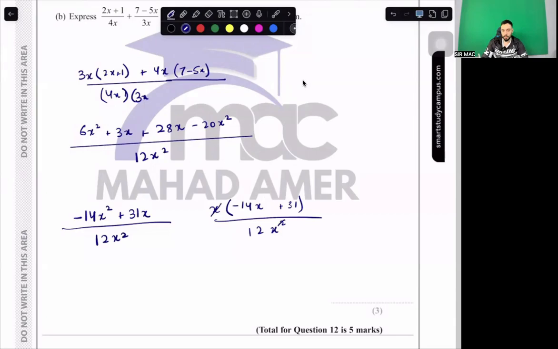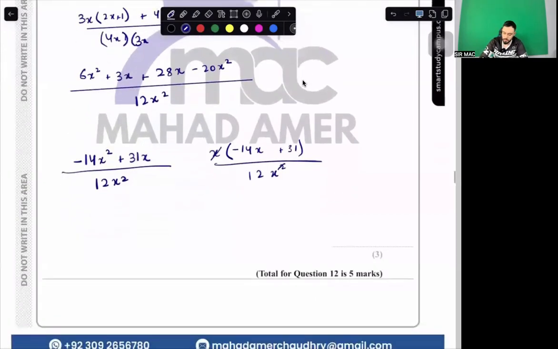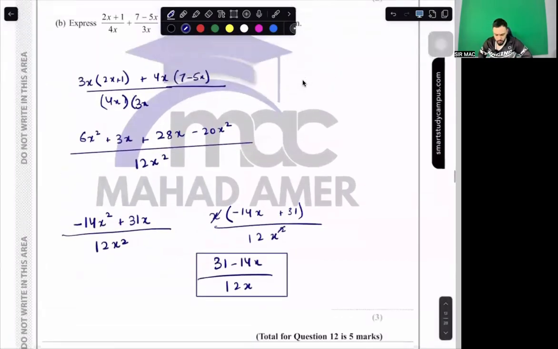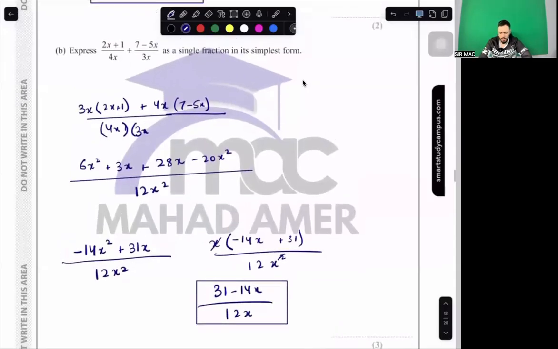So the x cancels, and at the end you would be left with 31 minus 14x over 12x. That's your answer. So that's going to be 3 marks, the simplified form of what we started from. Whatever way suits you.